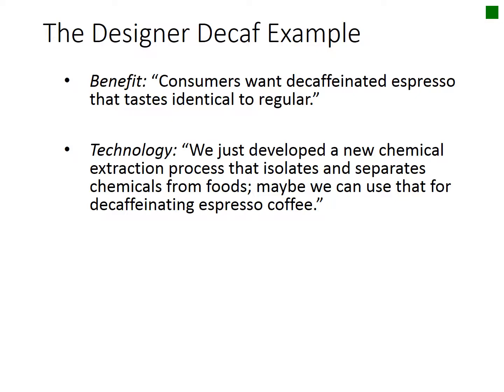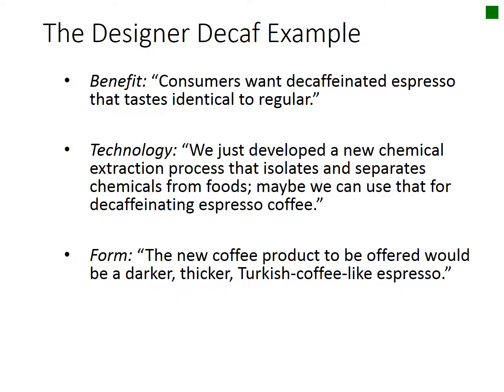In this case, what we want to think about is using the technology for the application of decaffeinating coffee. The technology, again, could be something that the company uses as a resource, could be used in many, many different products. We're just going to apply it to satisfy the particular need that the specific customer has.